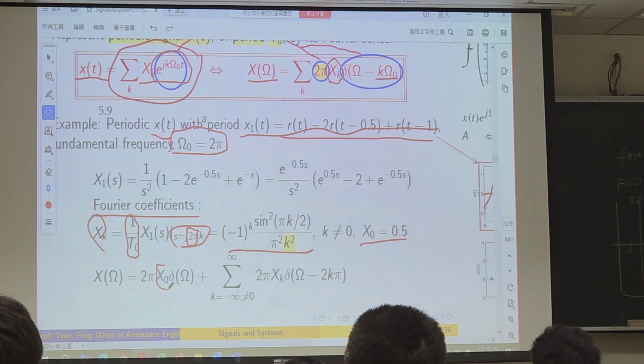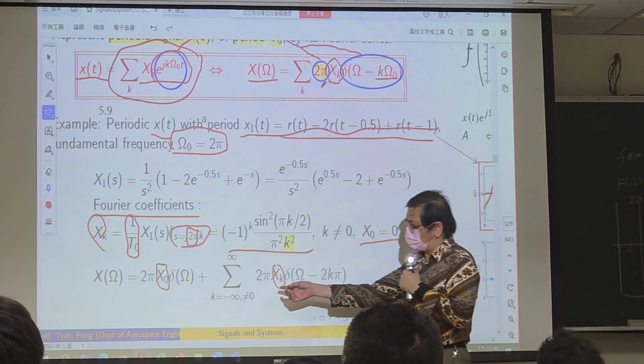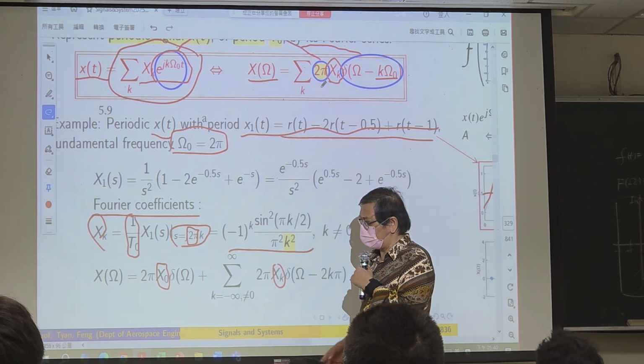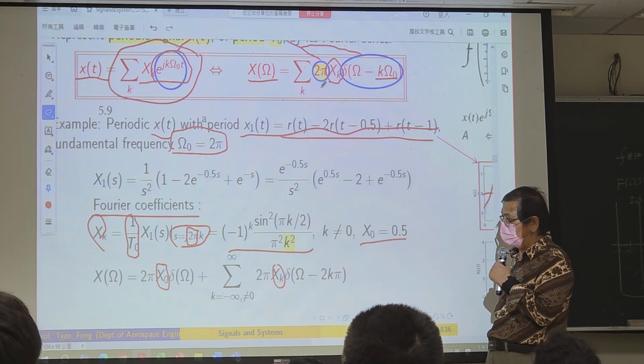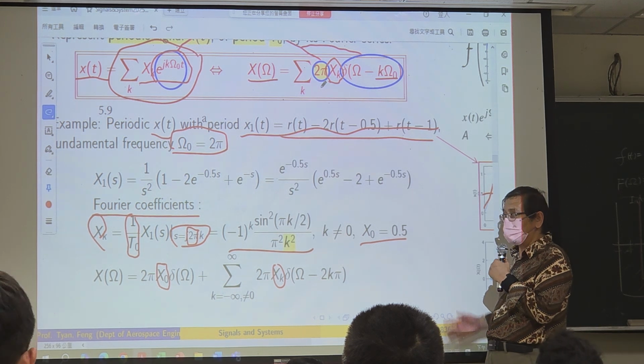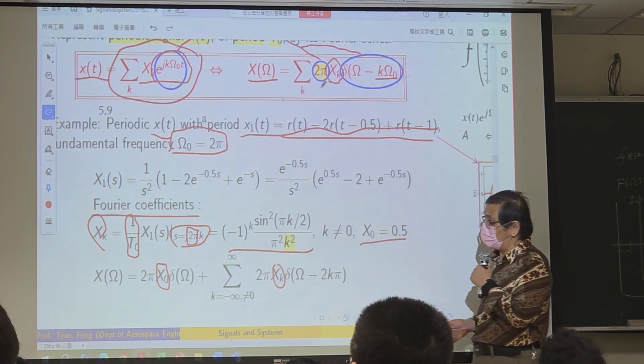Here we have x of 0, and we have x of k. So we can plug into the Fourier transform expression and then sum up. Now, theoretically, we need infinite terms, but practically we don't do that. We use only maybe up to 10 or 20 terms, depending on the function we are dealing with.